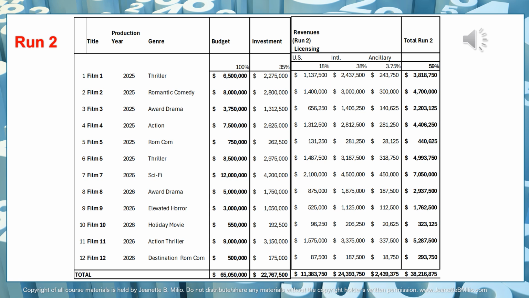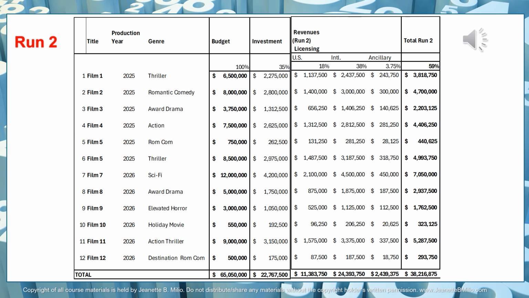So when we look at our second run, first of all, with our first run, we generated $74,807,500, and that is on a production slate that was a production volume of $65,050,000.